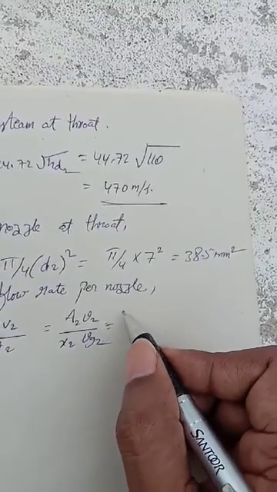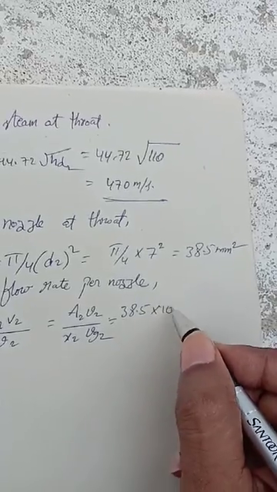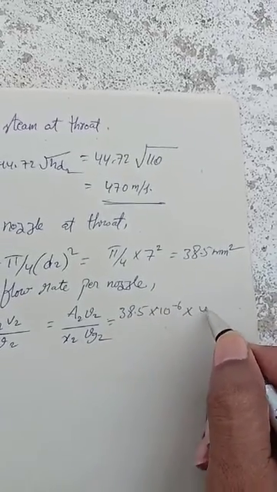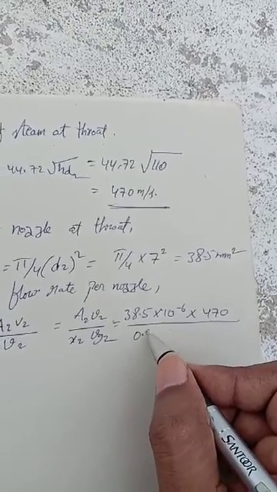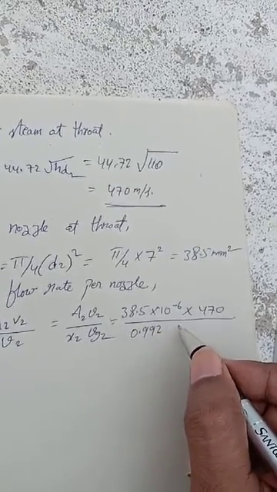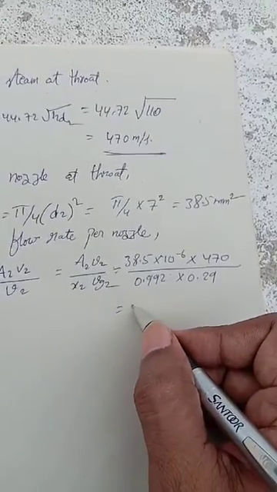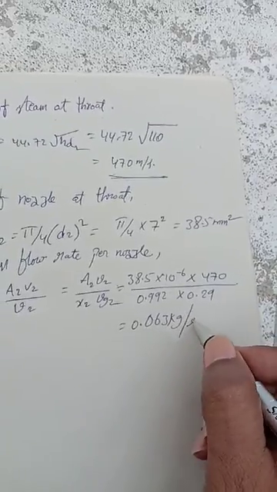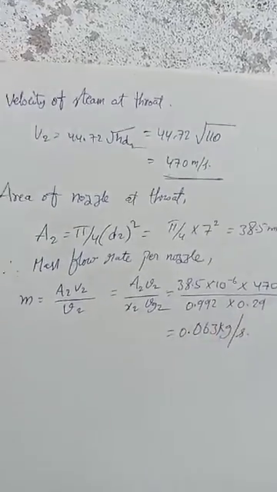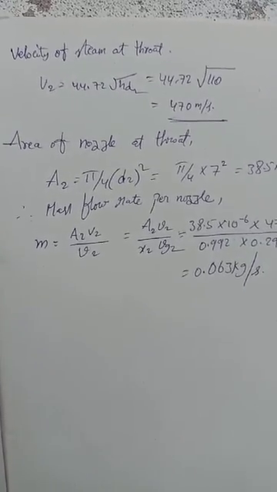Now substitute all the values here, 0.992 into 0.29. Then we solve this and find the answer in kg per second. This is the mass flow discharge rate.